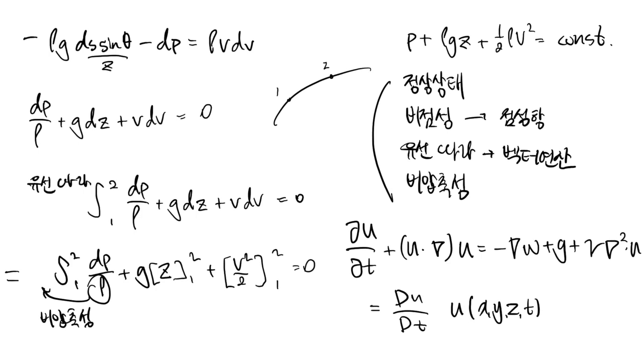Below is the Navier-Stokes equation under incompressible conditions, where the left side is the differential for position and time of the velocity u of the fluid, and the next term is the difference in local pressure. G is the acceleration due to external forces, and the last term is the viscous term.